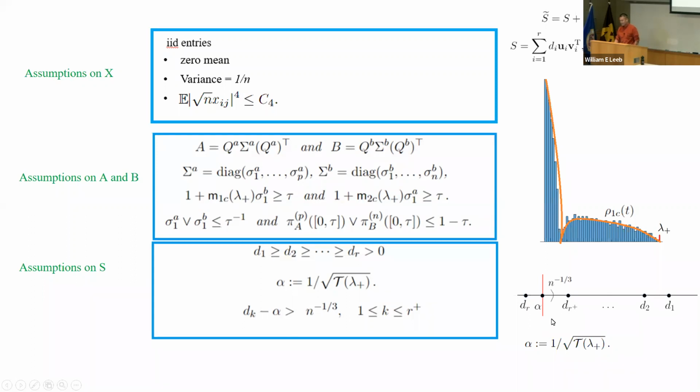And for DR plus 1 to DR, they are in this range. They might be very close to alpha, or they might be far away from alpha, smaller. So this is our assumption for the whole S and Z.